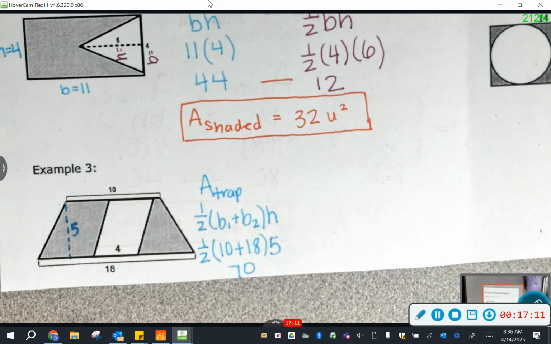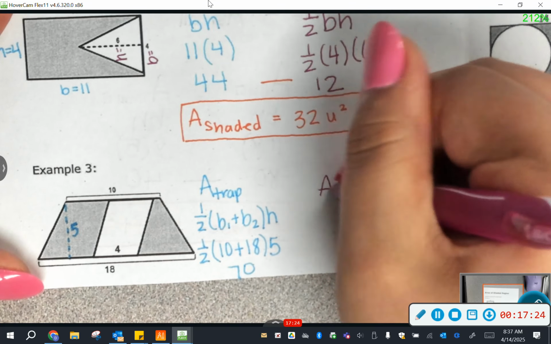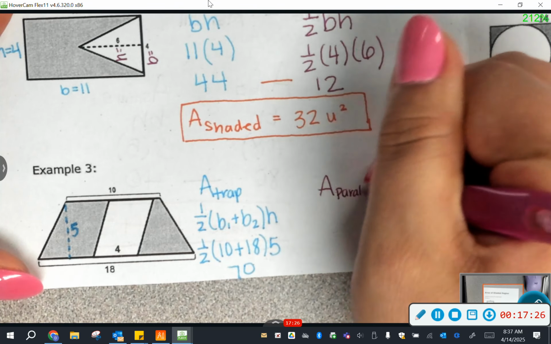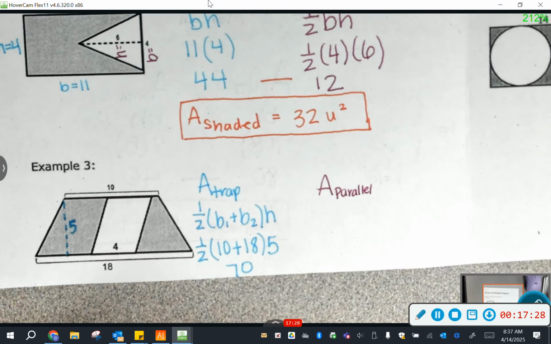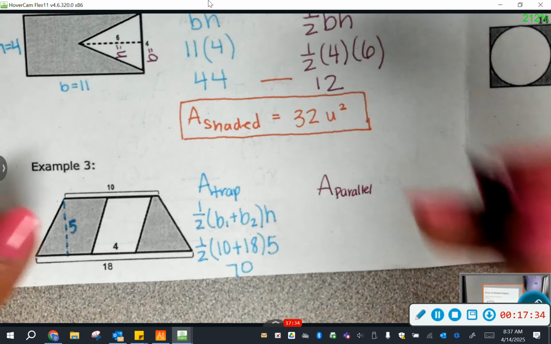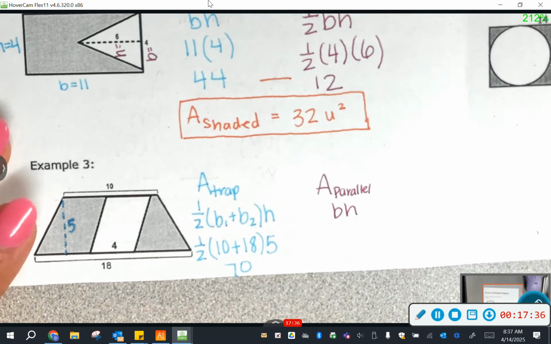What is this other shape? Not a rectangle. That is definitely not a triangle. What is that? A parallelogram. What is the formula for a parallelogram? It's still BH.